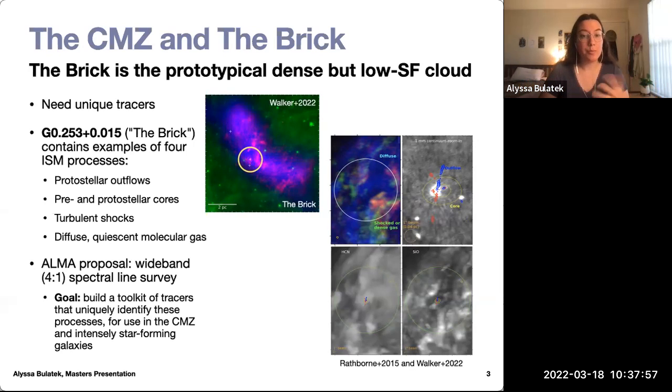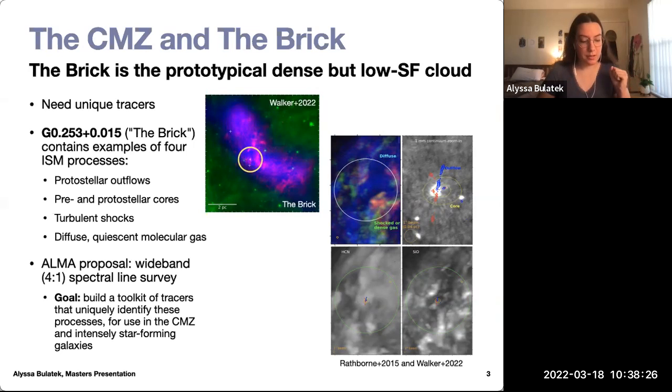In fact, from previous observations of the brick, we know that this particular pointing at this water maser has examples of the 4 different processes that we're interested in studying. These are shown in the panels at the right. We see there's an outflow associated with this maser core, and there are also examples of diffuse as well as shocked gas.